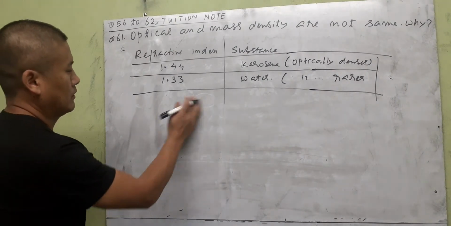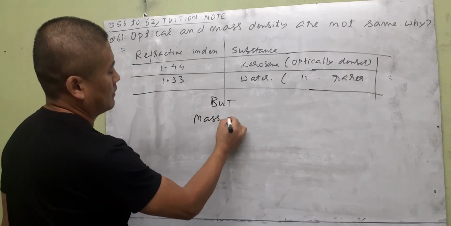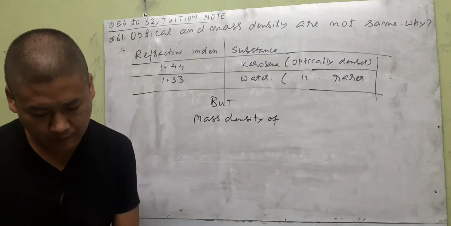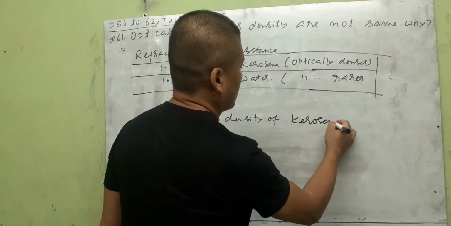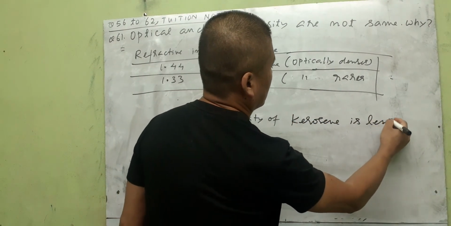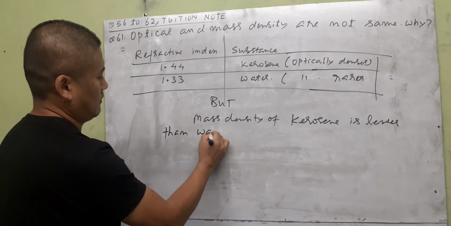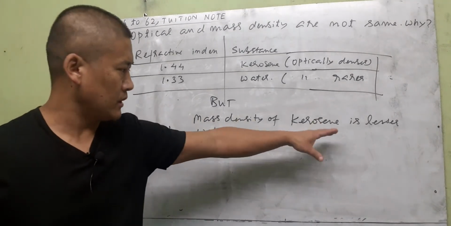But the mass density of kerosene is lesser than water.